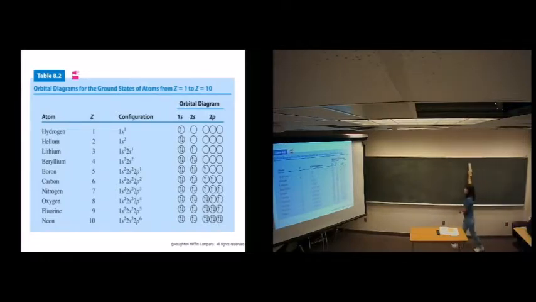Okay, how many electrons are we talking about for sodium? 11. Okay, got to fill 11. And you know where to start, right? 1s.